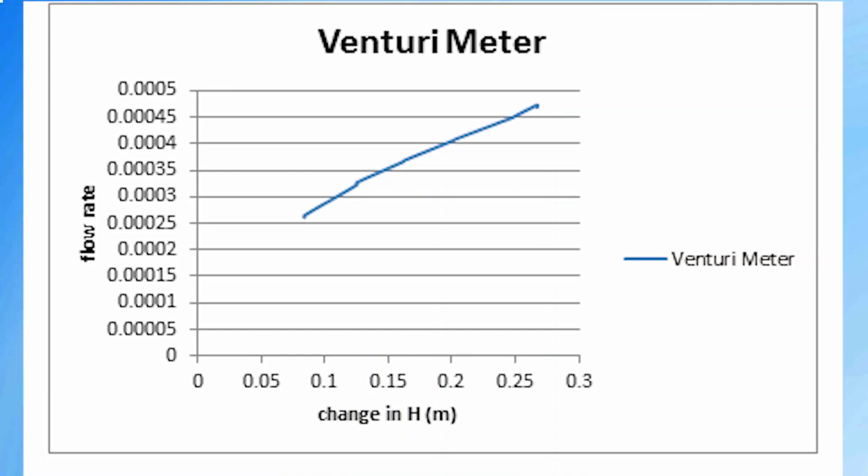Now once you plot the graph between Q actual versus H, where Q actual is the actual discharge passing through the venturimeter or the pipeline, and H is the mercury head difference expressed in terms of water, you will get this type of curve wherein you will find that the discharge is proportional to the head difference in the mercury manometer. And as you go on increasing the discharge, the Cd value slowly goes on increasing, and you will get a proportionate relation between actual discharge and the head difference.